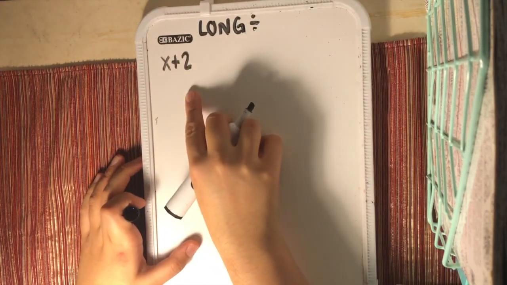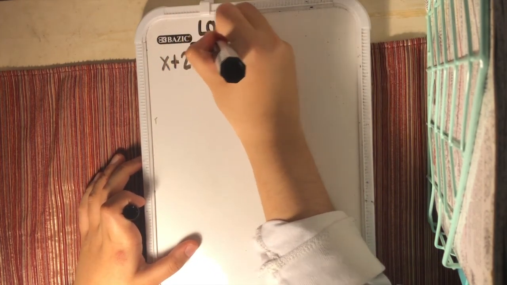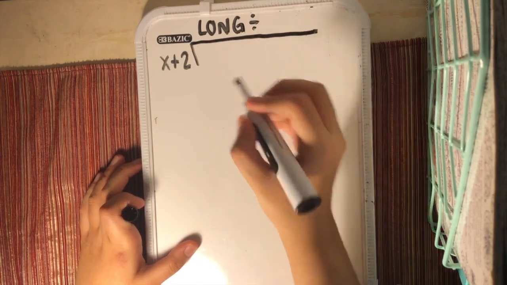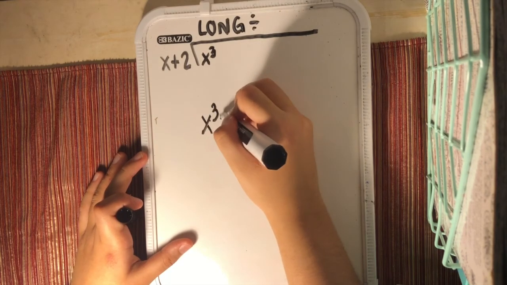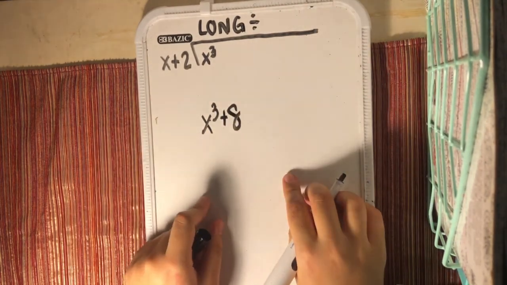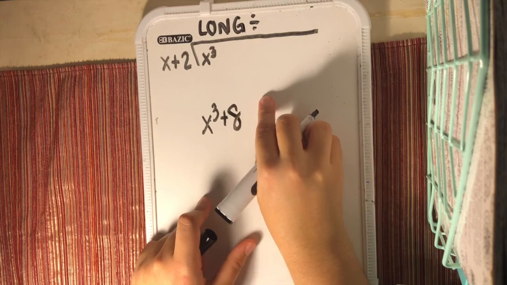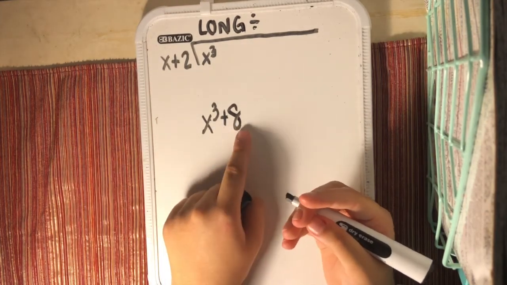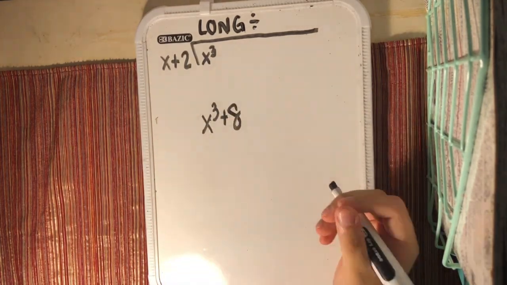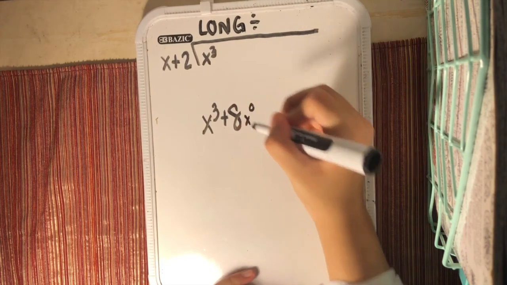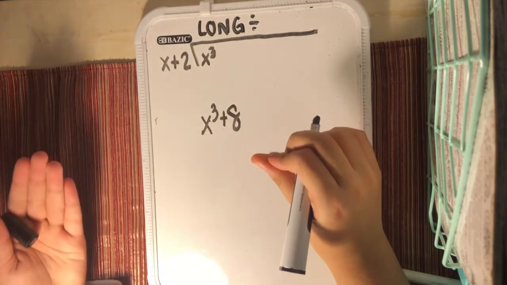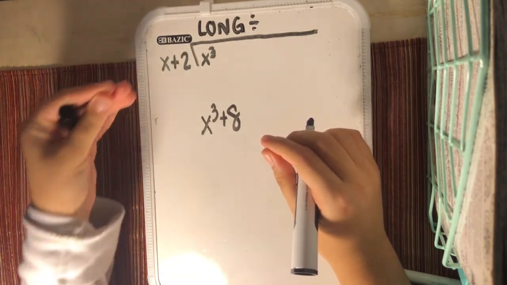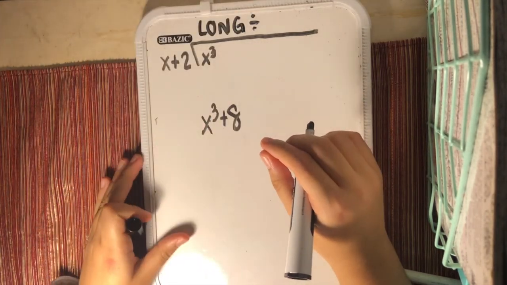So x plus 2, and then we're going to be dividing that into, so we had before x cubed plus 8, right? However, there's no 2, 1, 0 like we had before. There's a 3 and there's a 0 for an exponent, right? X to the 0. However, we need a 2 and a 1. Otherwise, we're going to be missing out on terms that need to be going into the quotient.